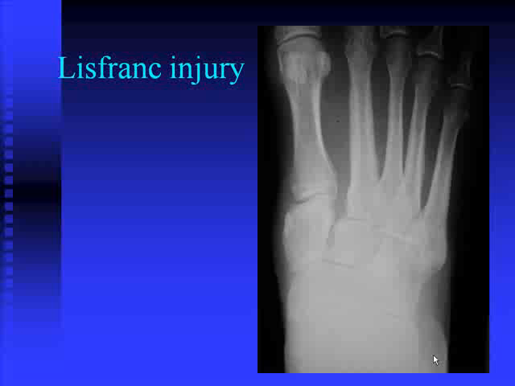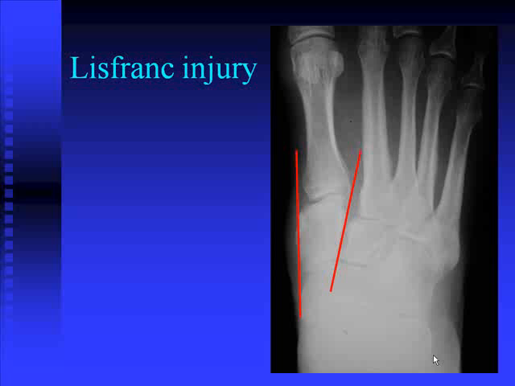The ligament is here. So you would expect to see the gap in this area. And there's a lack of congruency in the shape and lines drawn here around the first metatarsal. So in subtle injuries, you should look for parallelism between these two lines. The two lines should be parallel, not straight, but parallel.